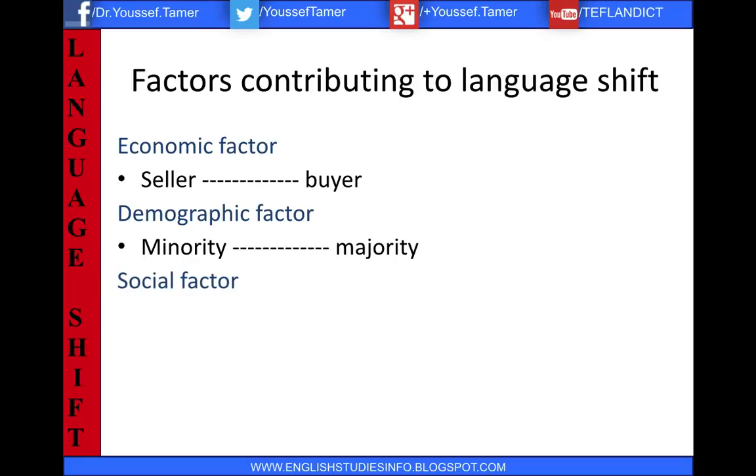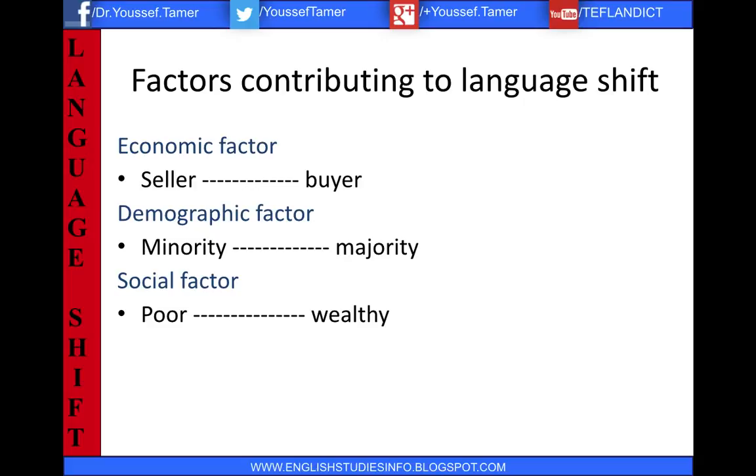You could also have them in terms of social factors, and here we are referring to the example of the poor adopting the language of the wealthy, and we are all examples of this, especially in relation to French and English and foreign languages in general, because foreign languages now symbolize the wealthy countries, right?